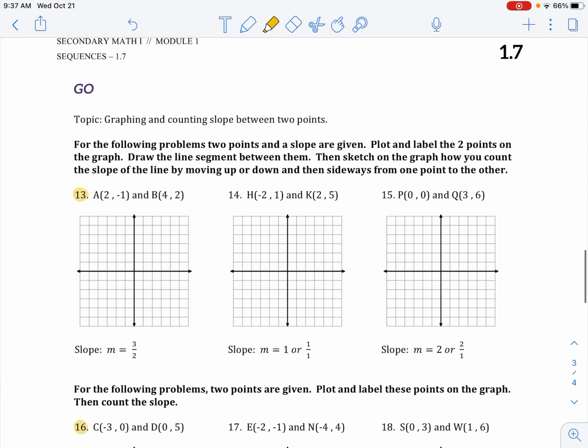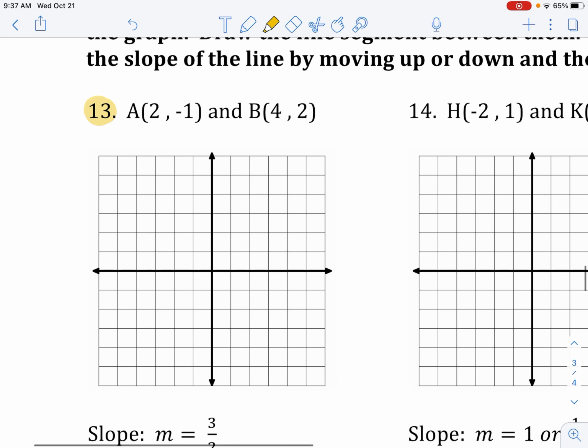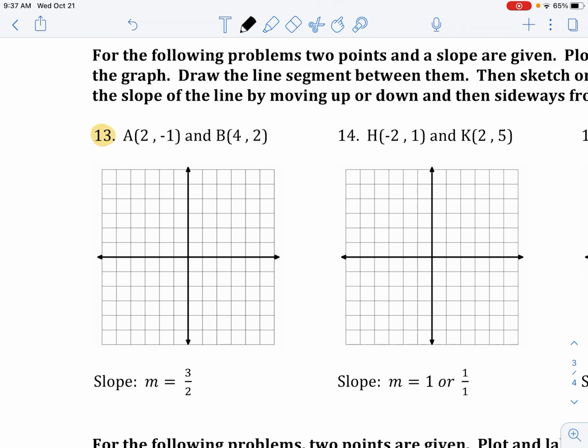When we get to the go, it's asking us to plot the points. So remember x and y. X tells you how far to the right or left. Y tells you how far up or down. Up is positive, down is negative. Left is negative, right is positive.